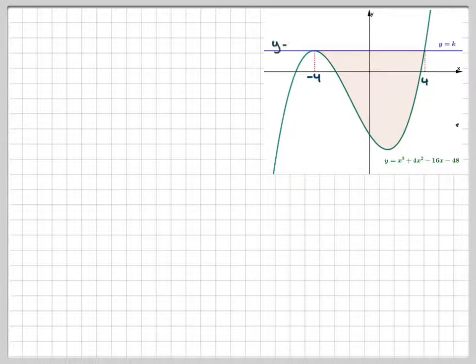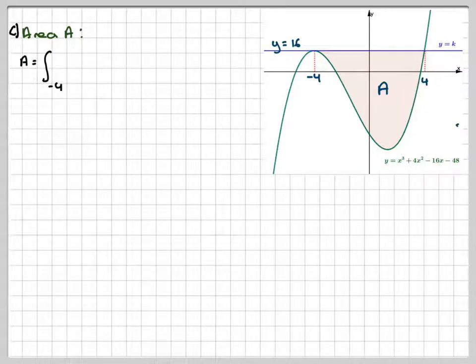Right, we're now in a position to do part C, which is to find the area. So the area, we will need to integrate the curve from minus 4 to 4 of this one, which is on the top, 16, minus this one. It doesn't matter if this is below the axis or not.